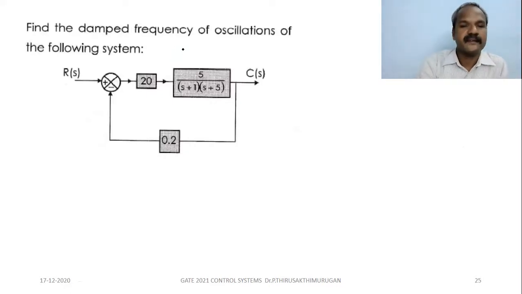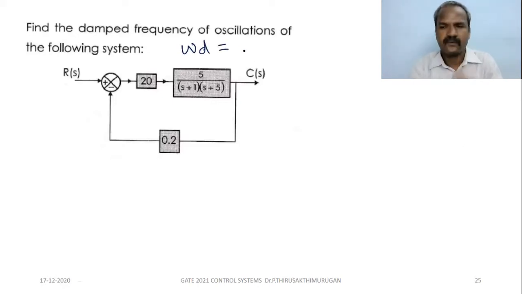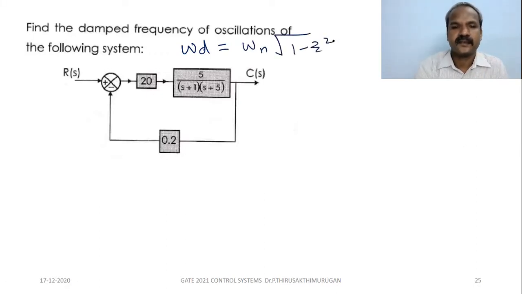So we have to find omega d, the damped frequency. If you want to find omega d, what we have to do? Omega n square root of 1 minus zeta square. So from this system, we have to find both omega n and zeta value.